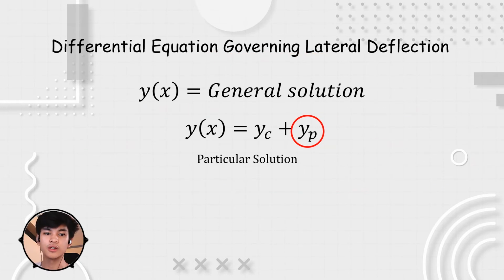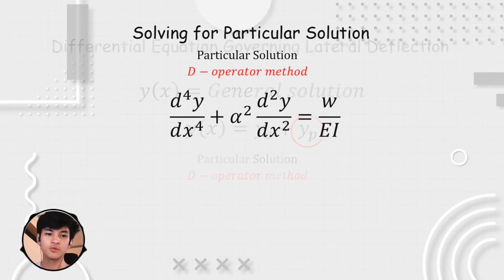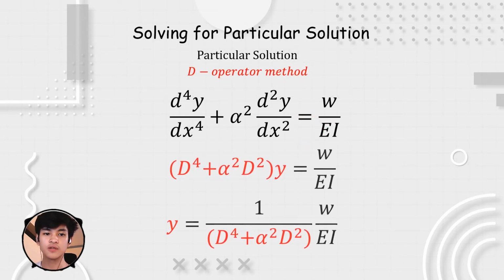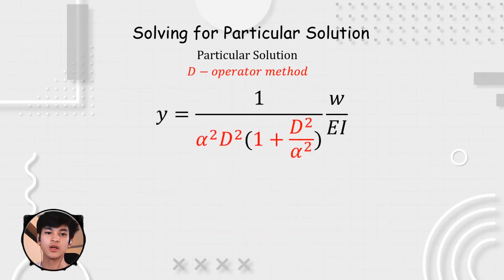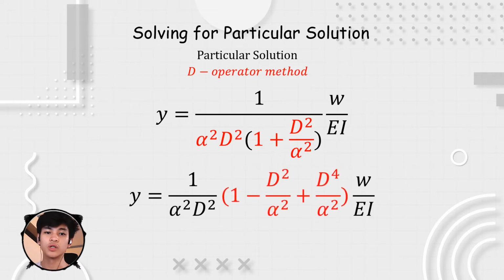Now that is out of the way, next is the particular solution, which is quite tricky. In this video, we will be using the D operator method, but there are other methods that can work as well. We start from this equation. We isolate the y variable first and then factor the alpha squared D squared. Next, we expand this expression resulting to, and this is very important, 1 minus, we copy the middle second term as is, which is D squared over alpha squared, plus we square it, D to the 4th over alpha squared.